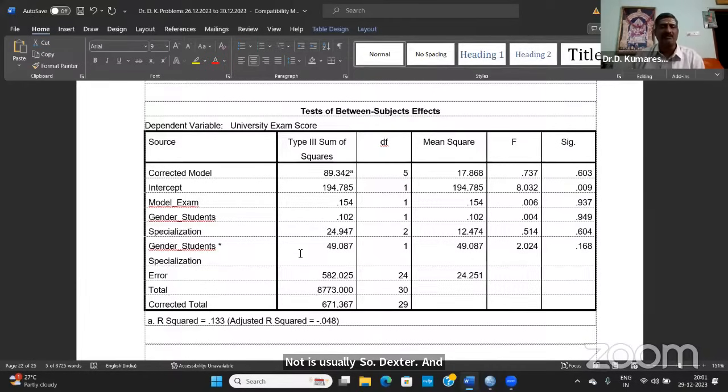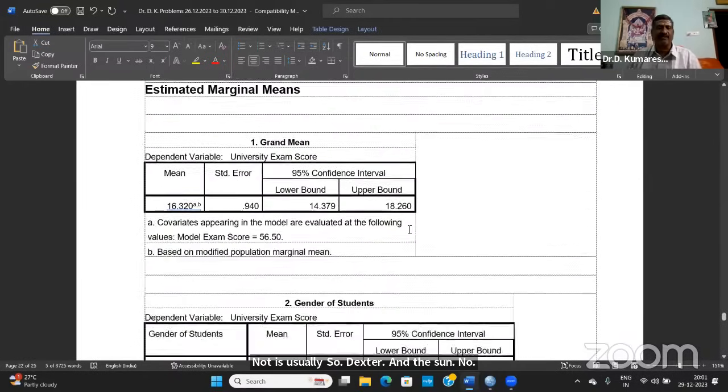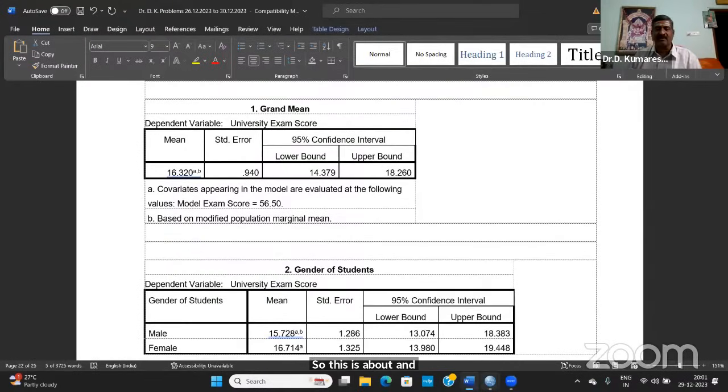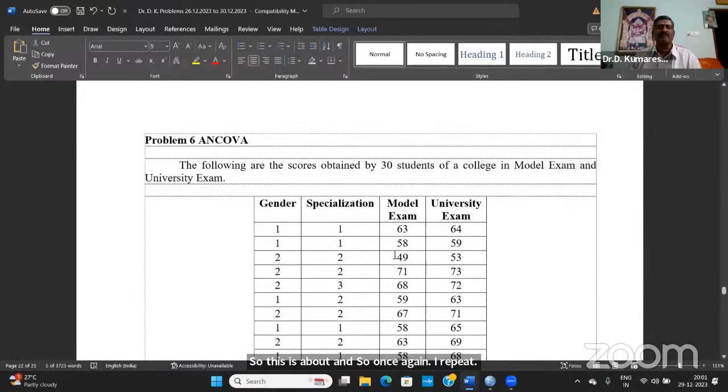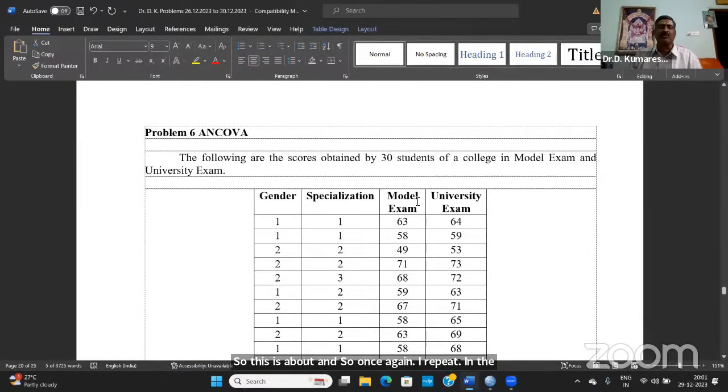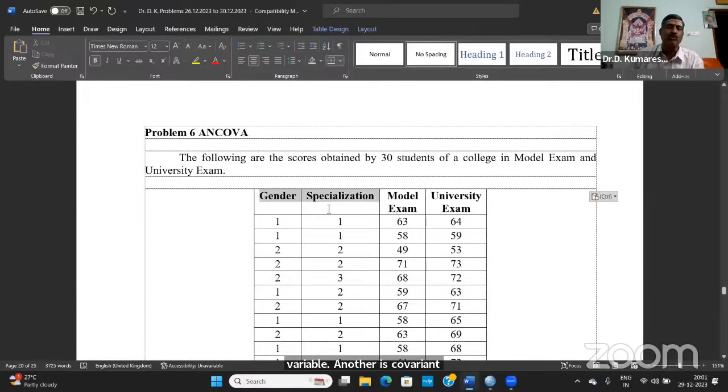Now, so this is about ANCOVA. So once again, I repeat, in the case of ANCOVA, there are 2 scale data variables. One is dependent variable, another is covariate variable. There are 2 ordinal nominal data variables.